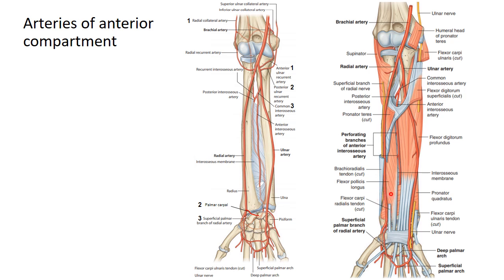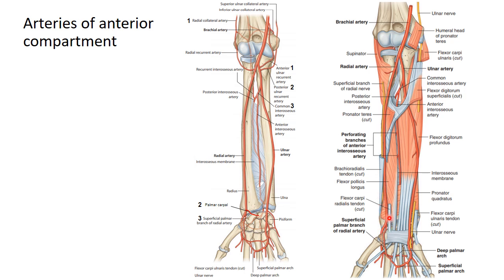Here the radial artery is not covered by any muscle, tendon or other structure. It runs lateral to the tendon of flexor carpi radialis, and then runs over the pronator quadratus and over the lower distal third of the radius bone.